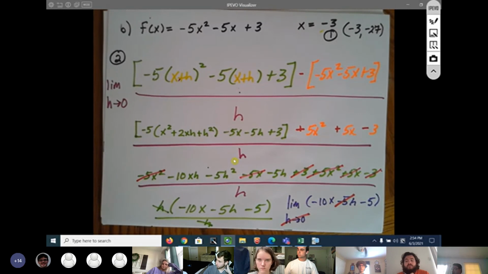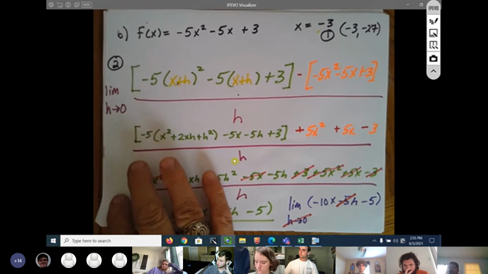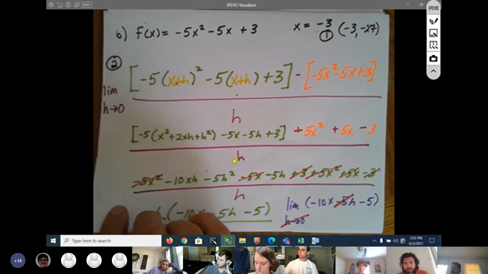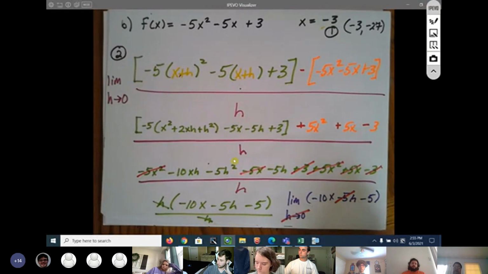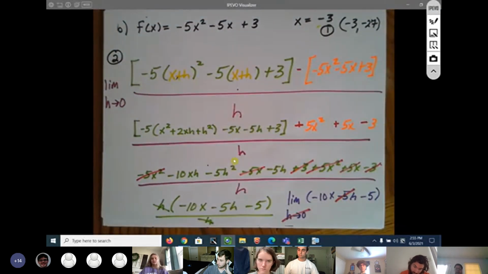So the equation for the slope of the tangent line at any point is negative 10x minus 5. I'm going to write that on the next page for you. But I'm going to leave this up for a few more minutes in case somebody got behind. And that's part 2.